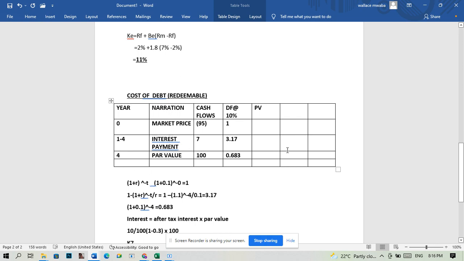All right, so now we'll calculate our present values. Negative 95 times 1, we get negative 95. 7 times 3.17 gives 22.19. 100 times 0.683, we get 68.3.